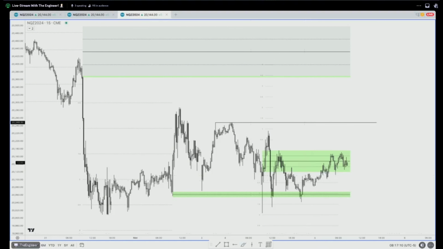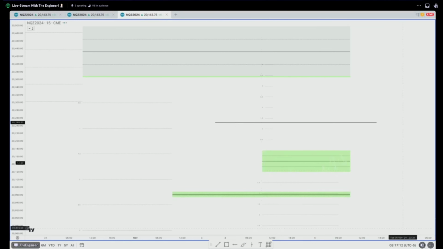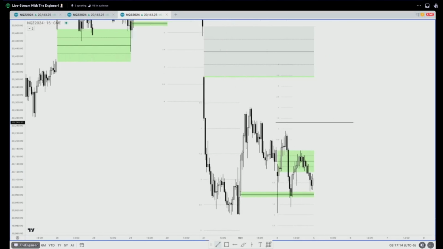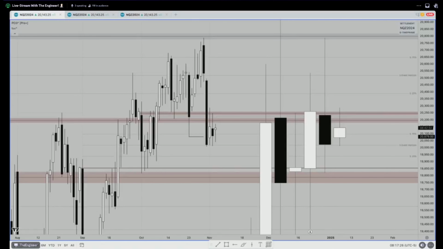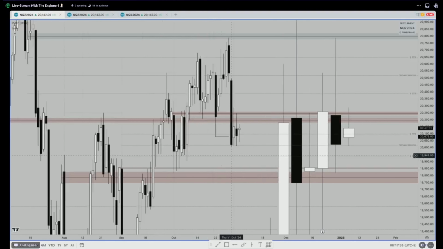Another thing that I always consider, the first question that I ask myself every day, is where I am relative to the monthly opening, where I am relative to the high time frame gaps that I told you about here. This is the first question. Am I premium or discount relative to these gaps?